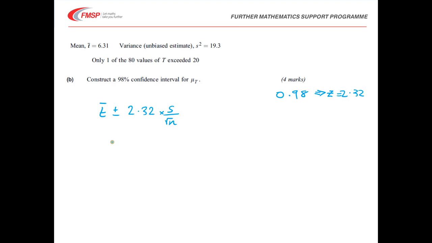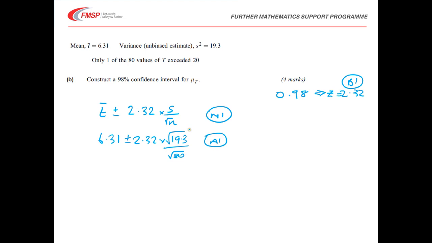And now it's just a question of calculating that. You're going to get 2 marks now, an M1 and a B1, same as in the previous question. So now we've got 6.31 plus and minus 2.32 lots of the square root of 19.3 divided by the square root of 80. Okay, and that's going to give you an A mark, and we'll give you follow through.